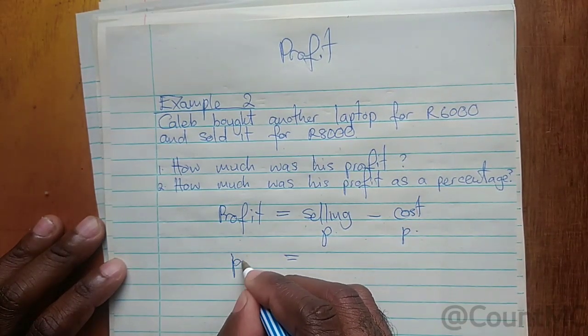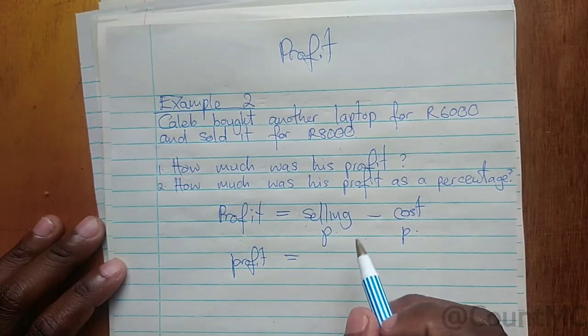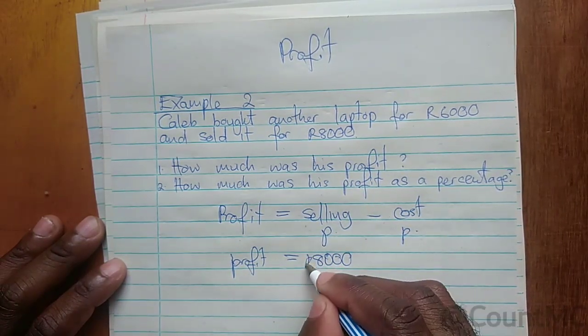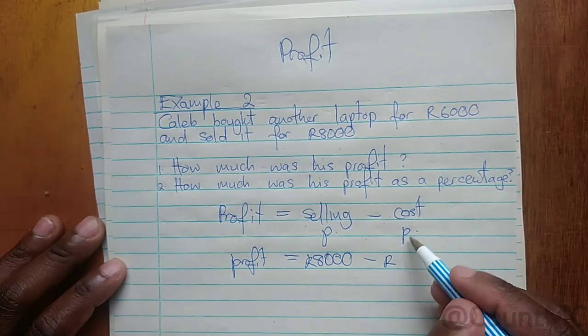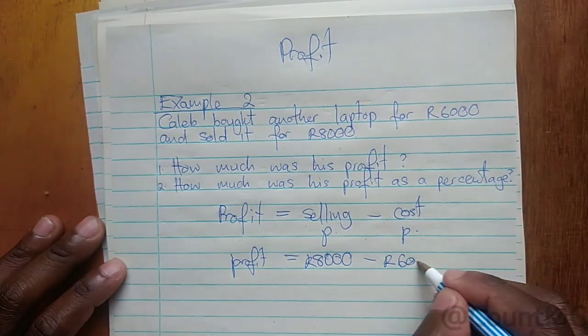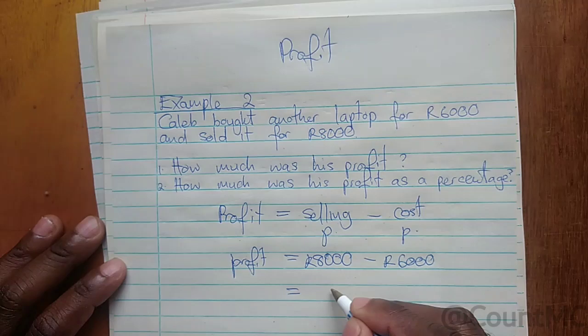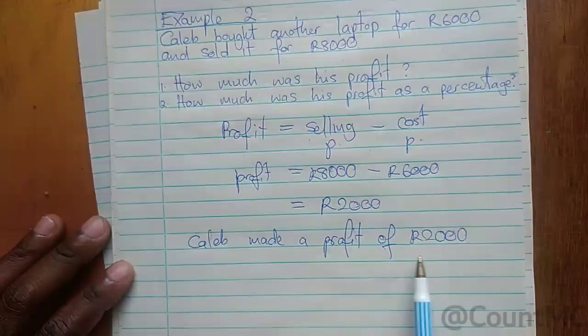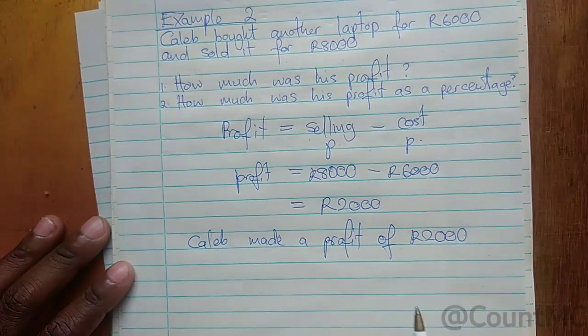He sold it for 8,000, minus the cost of the laptop, 6,000. So Caleb made a profit of 2,000 rands.